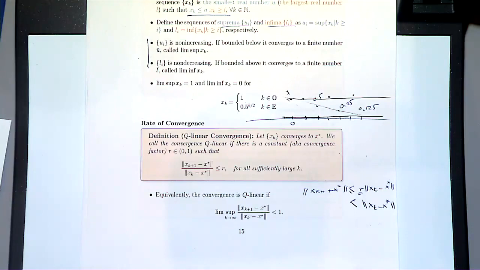It can do whatever it wants, because I say k is sufficiently large. It can behave however it wants before k becomes sufficiently large. But after a certain slice of time, it should behave in this particular way. So if it is going to converge quickly, linearly, r should be less than 1. But I can construct something else. Give me 2 slides. I'll show you an example.